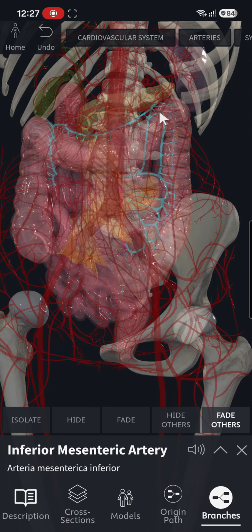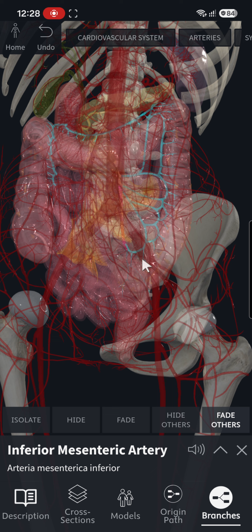The left 1/3 of the transverse colon is supplied by the left colic, right? So here, the left colic artery, right? And then the left colic artery supplies the rest 1/3 of the transverse colon along with the descending colon, right? And then we have a sigmoid branch.